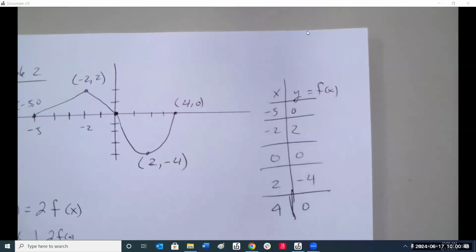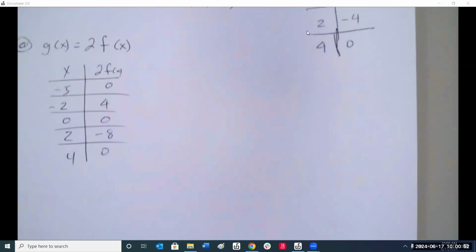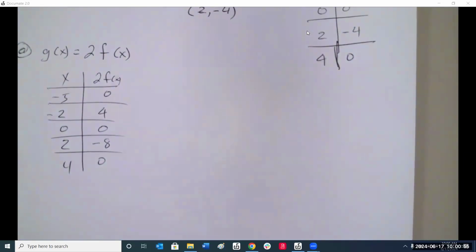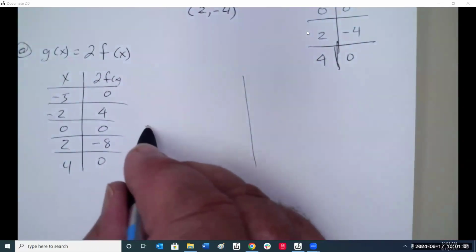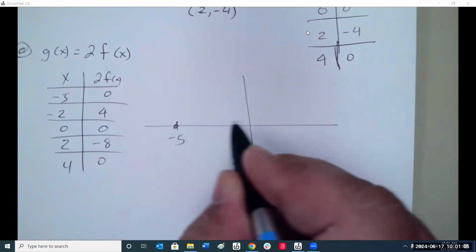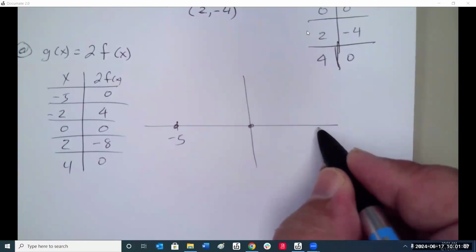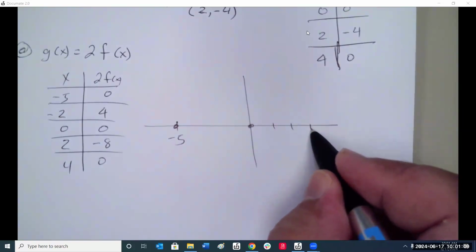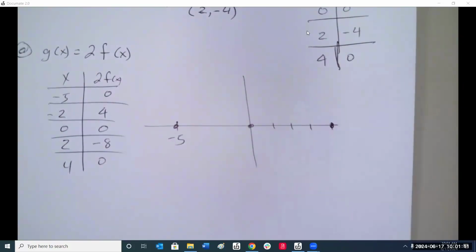From 0, it's 0, -8, and 0. So the graph, the zeros aren't going to change. They'll never change. Well, unless it's a horizontal shift or a vertical shift.